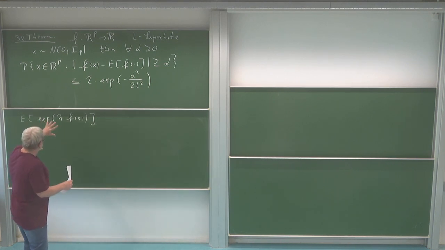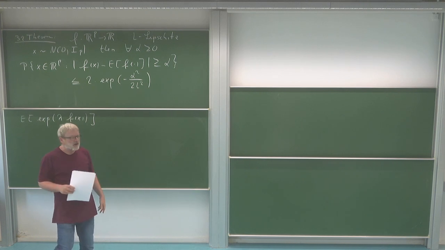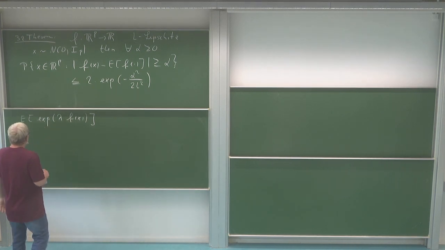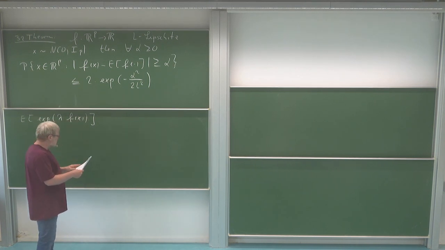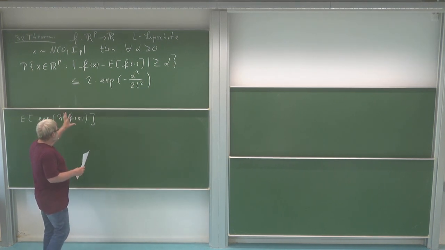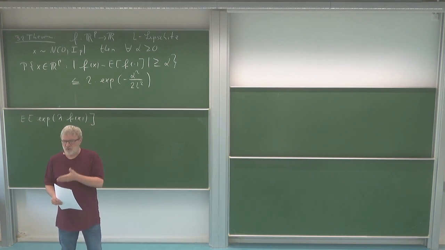Up to this point that's the general strategy, but now we have to use our specific situation. The first step is that we estimate this against a quantity where we replace f of x by f of x minus f of y, where y is an independent copy of x.